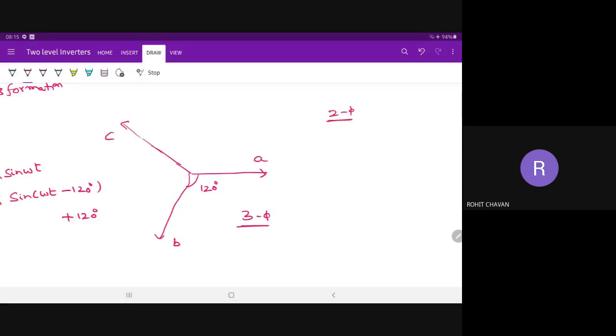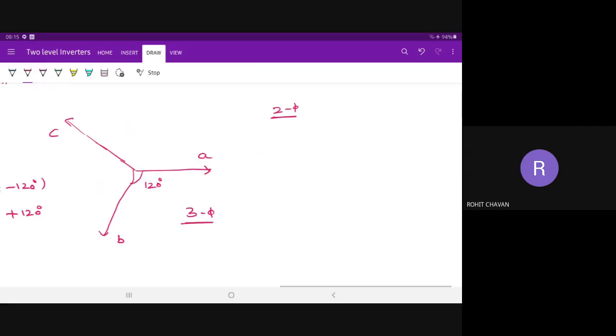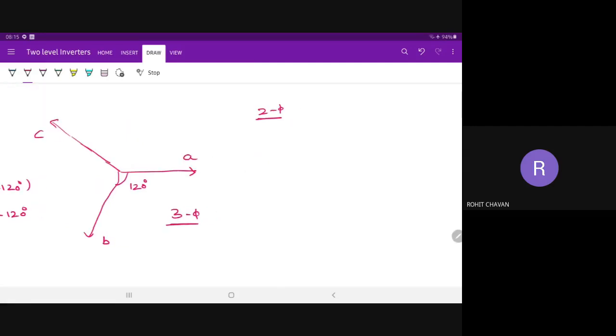You have studied this, right? Three phase to two phase conversion. One place is when you studied the induction motor, the resultant air gap flux.